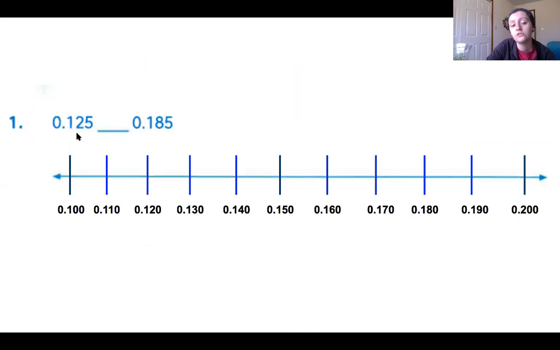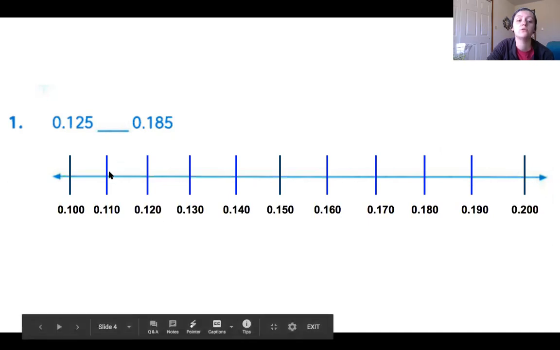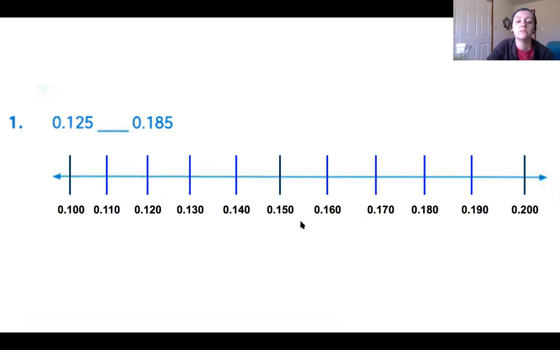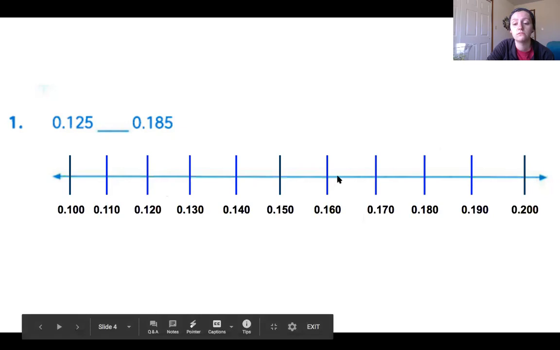The reason I chose those is because I know that neither of these numbers is less than 1/10, and neither of these numbers is greater than 2/10. So they both fall somewhere in between here. And the reason I chose those is because it will give me 10 even points in between to graph out.